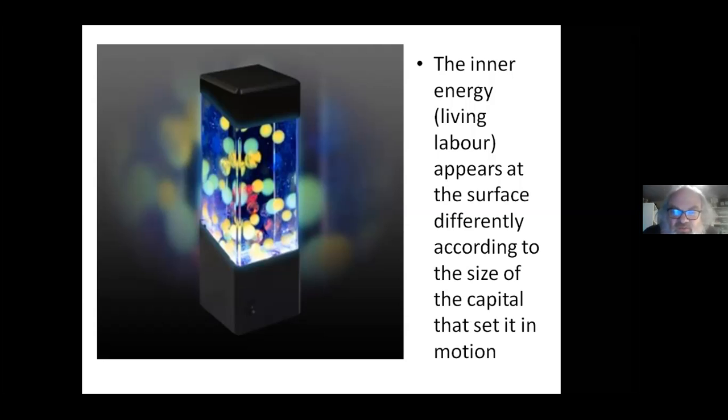The reconfiguration of the light is according to the size of the capital which set that living labor in motion. So how labor appears is not as itself, and not even simply as money, but as an adjunct of the capital. It's distorted by the mass of the capital. The mass of the capital bends the living labor according to its own gravity.